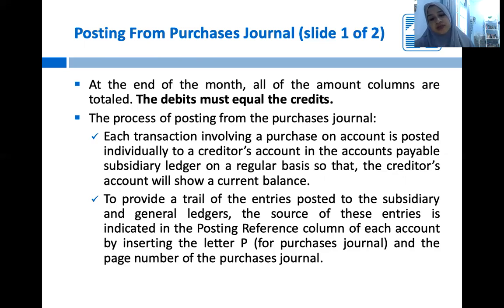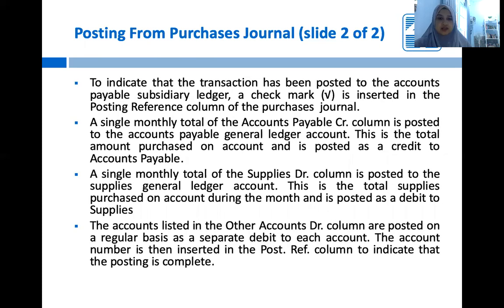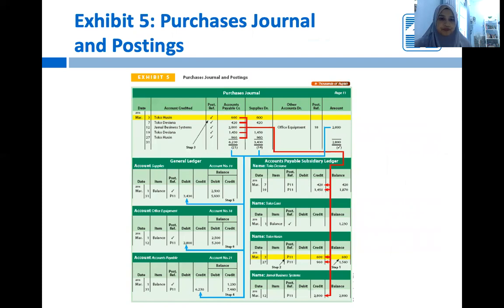Let's say we always purchase equipment, so there must be a column for equipment in the purchases journal. See here the purchases journal. Let's say the transaction with Toko Husin. We purchase supplies.